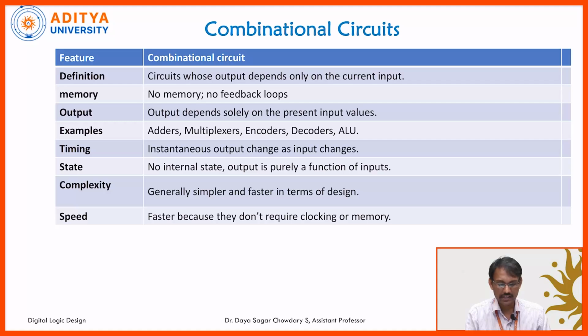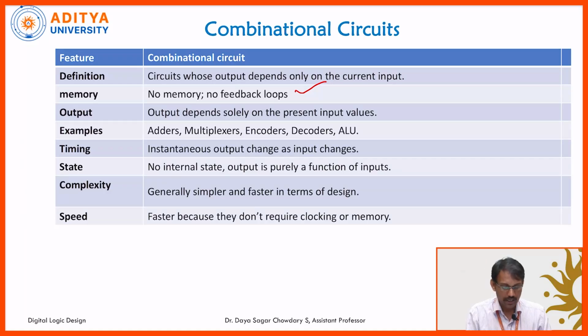And complexity: generally these are simpler and faster in design because no feedback loop is there. That is why they give faster outputs compared to other devices, meaning sequential devices. Sequential devices contain memory elements, so those devices contain feedback loops. Combinational circuits do not use a feedback loop, so we simply take the outputs directly from whatever inputs we apply.